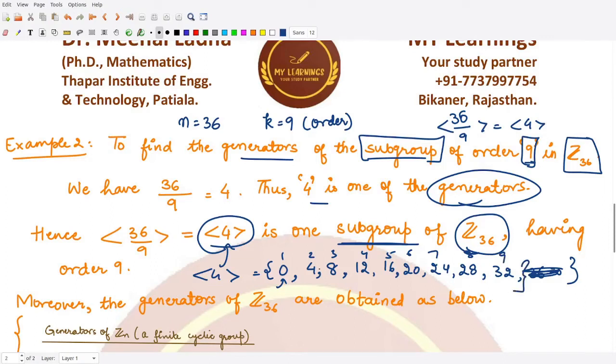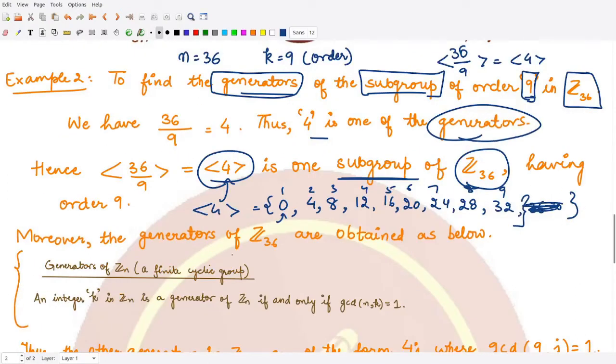It has order 9. Moreover, we want to list all the generators for this. The other generators are obtained by using the previous result. Remember, we have studied this result about the generators of Zn in a finite cyclic group: an integer k in Zn is a generator of Zn if and only if the GCD of n with k is equal to 1.